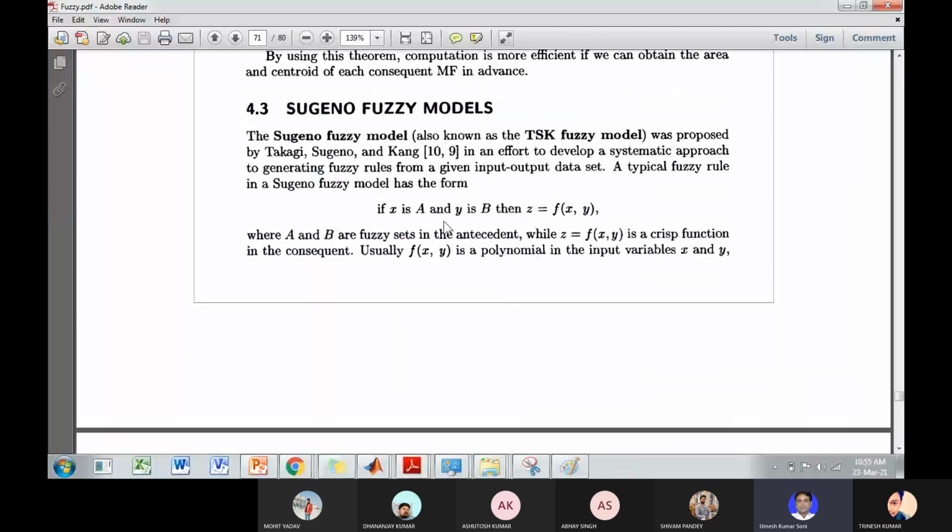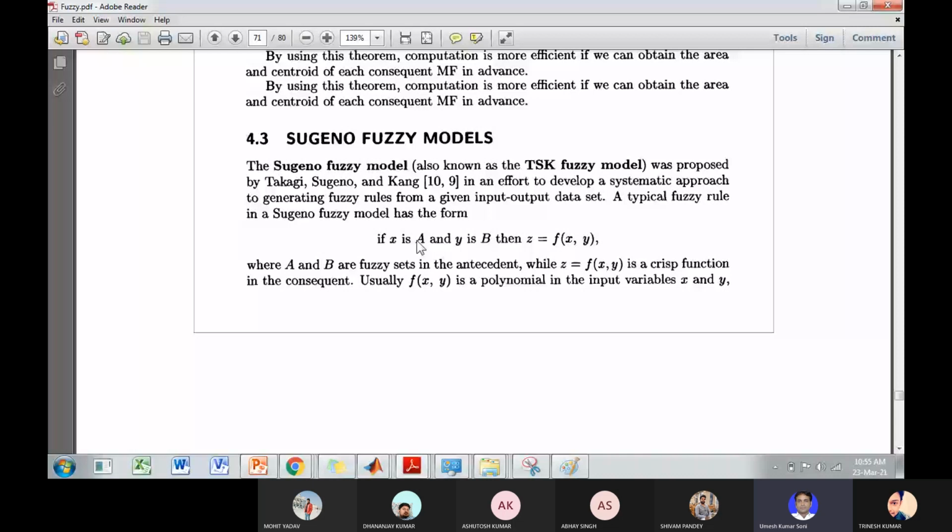Okay, here in Sujano fuzzy model, here you see that some function is there of x, y. Suppose x is a and y is b, then z is some function of x, y. It will follow some function.